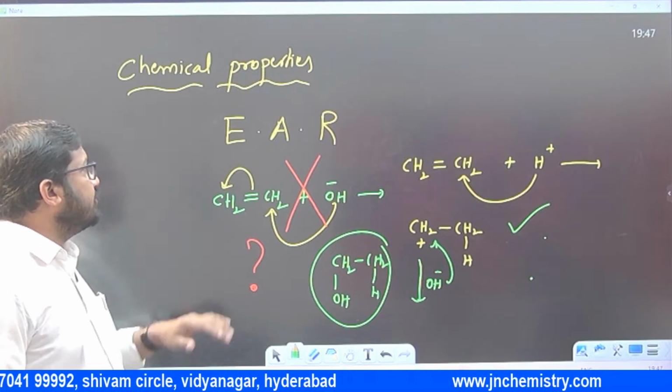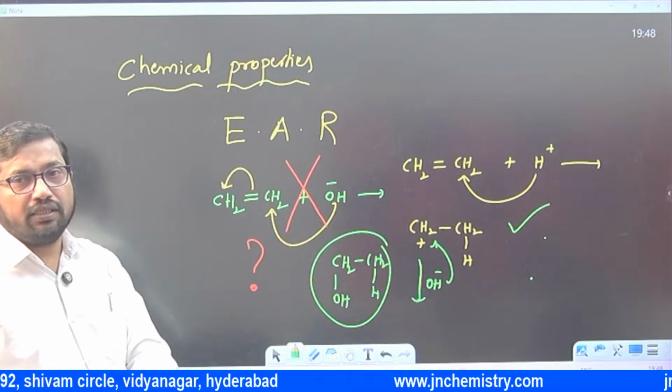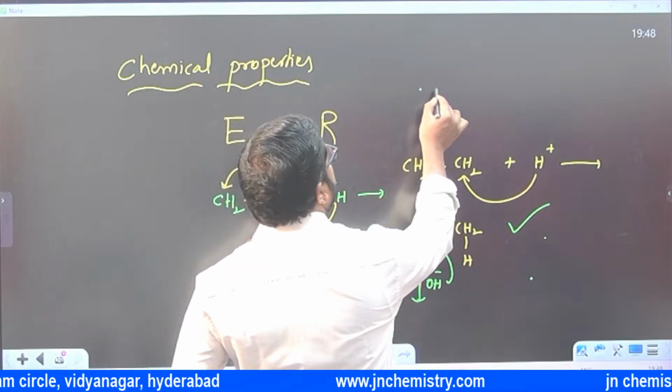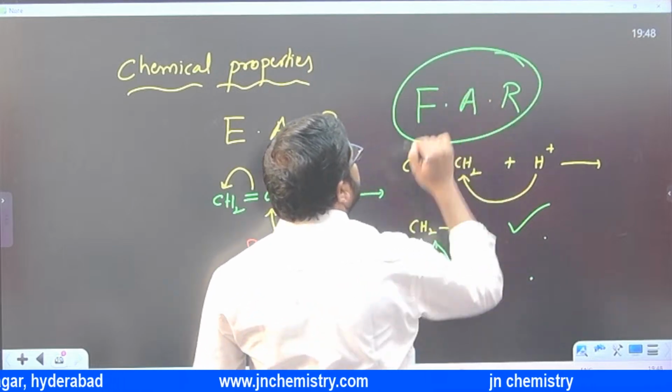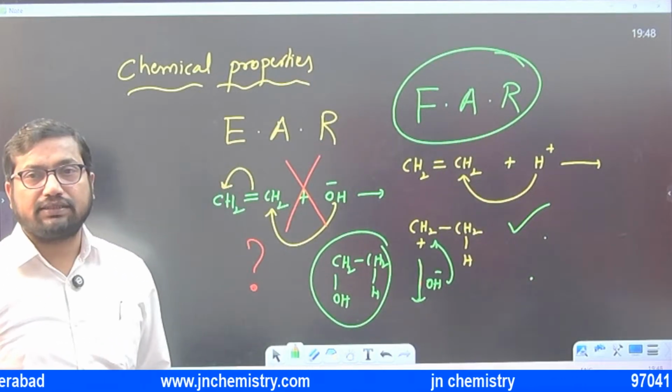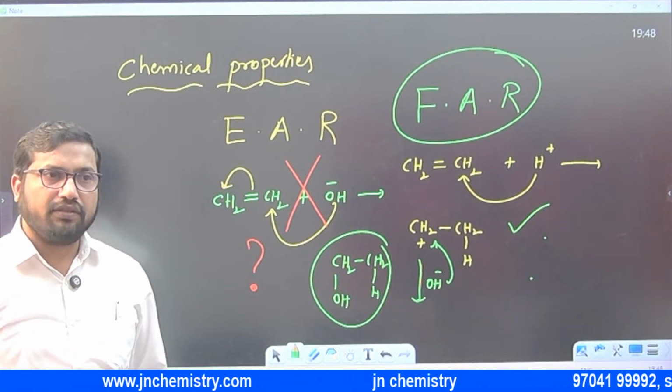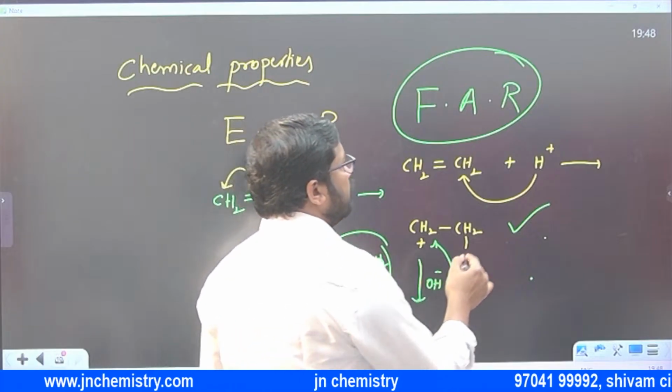So alkenes undergo electrophilic addition as well as free radical addition reaction. Free radical addition reaction takes place when peroxide is present, write it down.